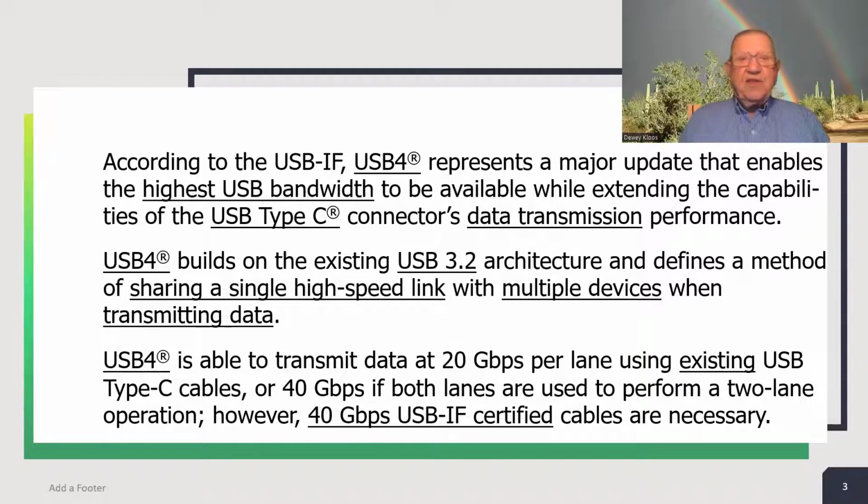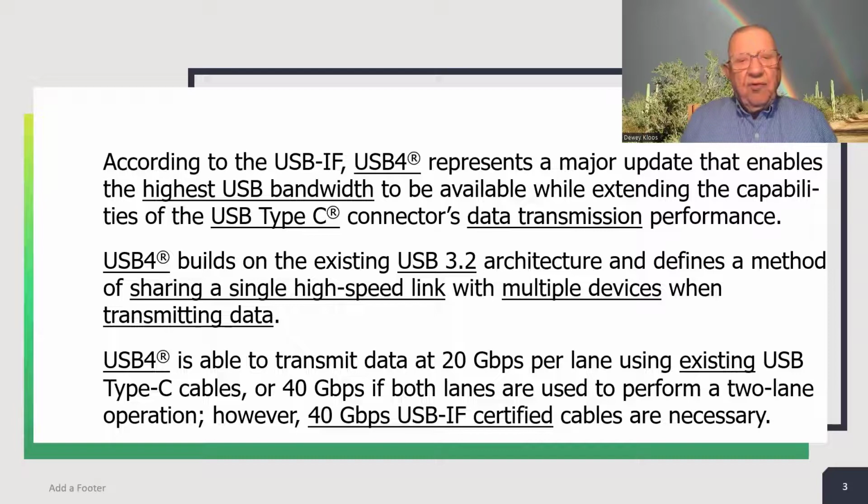USB4 builds on the existing USB 3.2 architecture that was as sophisticated as it got at that level, and defines a method of sharing a single high-speed link with multiple devices when transmitting data. USB4 is able to transmit data at 20 gigabits per lane using existing USB Type-C cables, or 40 gigabits per second if both lanes are used to perform a two-lane operation.